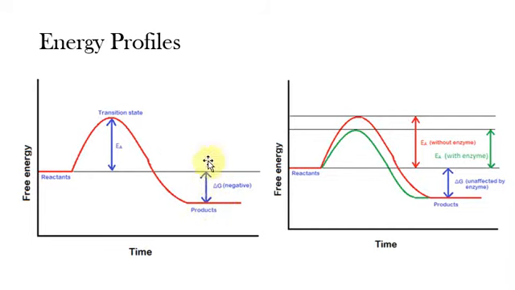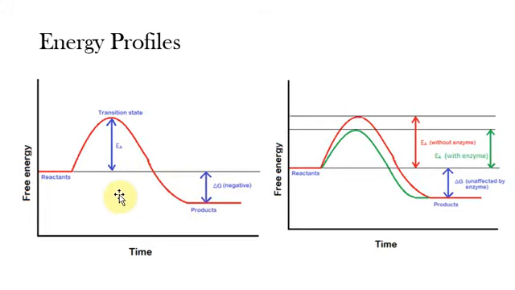The distance between them is the delta G, or change in free energy, for that reaction. That's pretty intuitive, but essentially, overall, it changes from this level to this level, so that difference is the delta G. It's a negative delta G, meaning it's a spontaneous process because it's going down from a higher to a lower level.